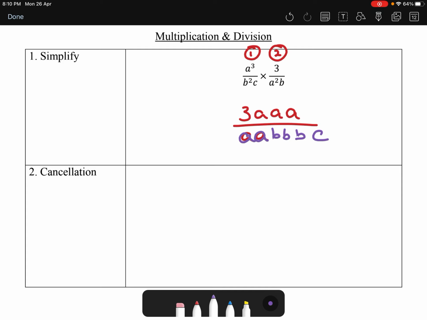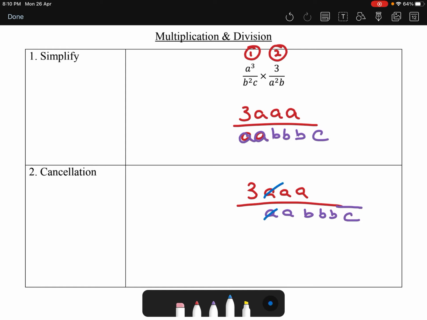The second step is to cancel: cancel away all the terms that are common at the top and at the bottom. So 3a⁴ over a squared b cubed c.